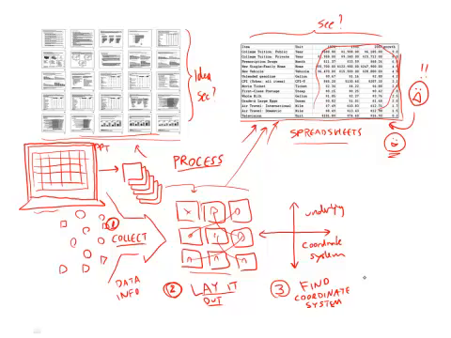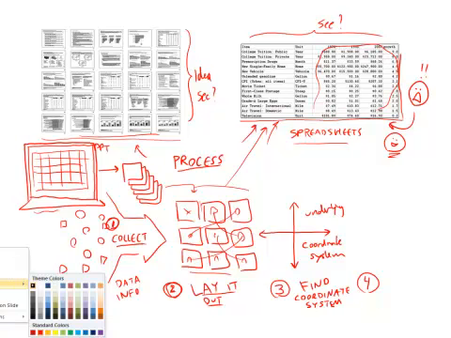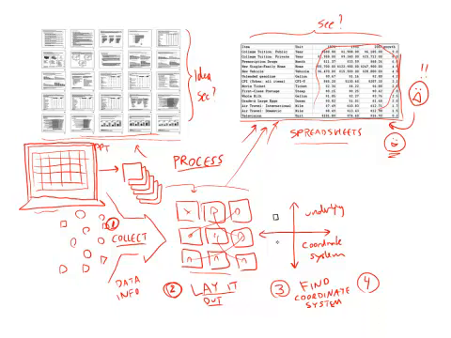Which brings us then to step number 4, which is, now that we've got the coordinate system, we need to map our data or our ideas into that coordinate system. That's step number 4. Map in our data.